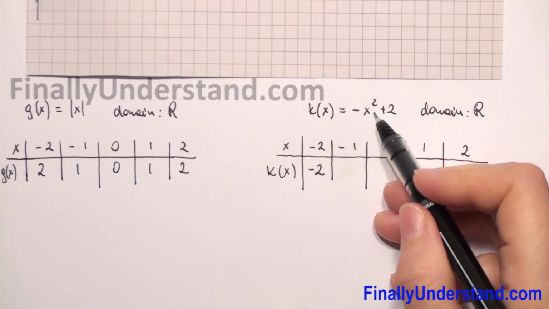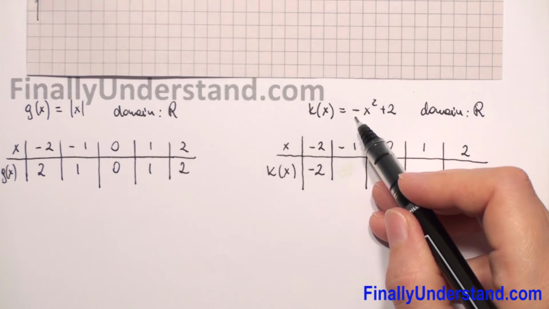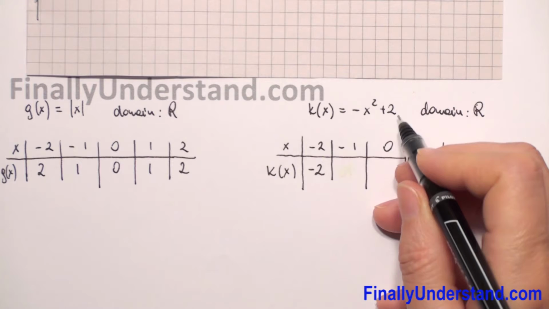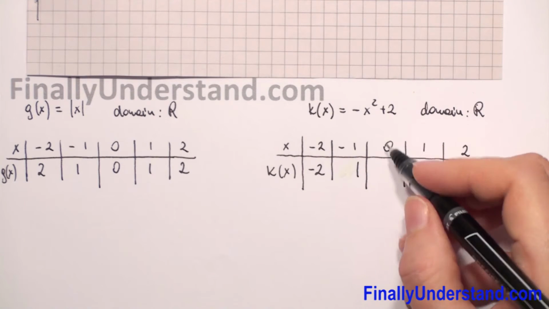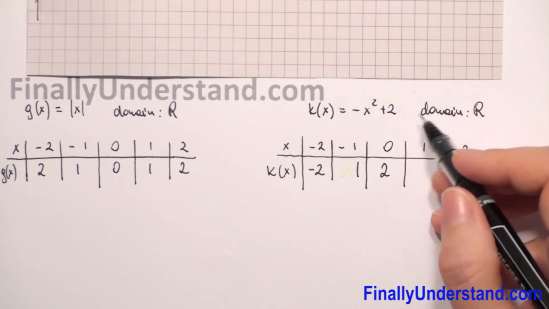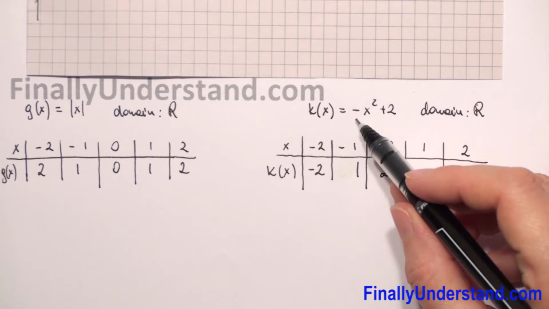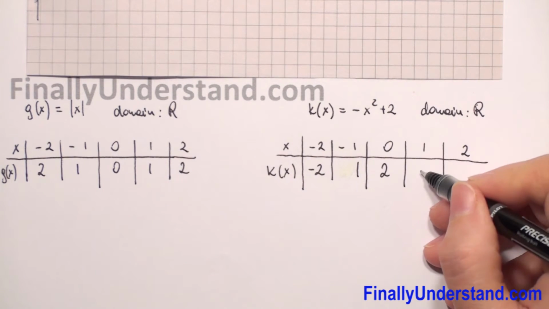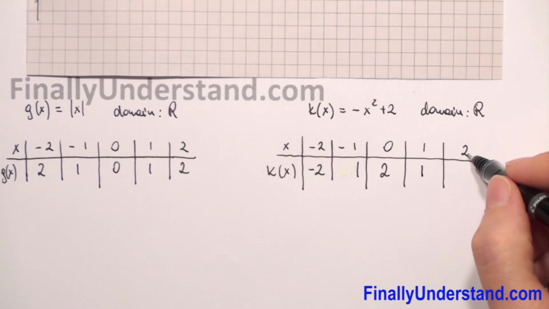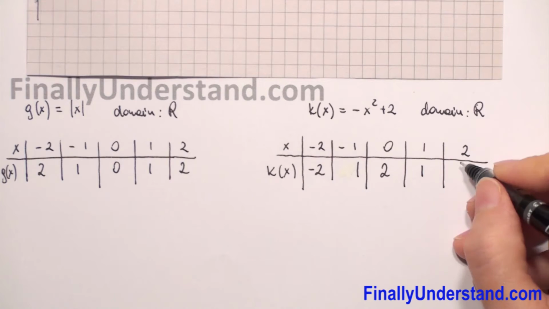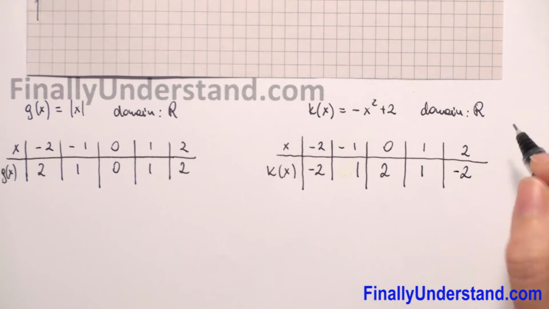Negative 1 to the second power is 1. We have a negative sign, so negative 1 plus 2 is 1. 0 to the second power is 0, so it will be plus 2, which is 2. 1 to the second power is 1, negative 1 plus 2 is 1. And 2 to the second power is 4, so negative 4 plus 2 is negative 2.